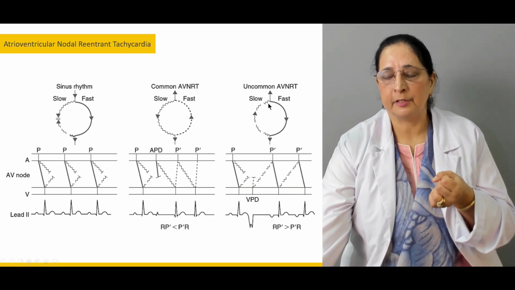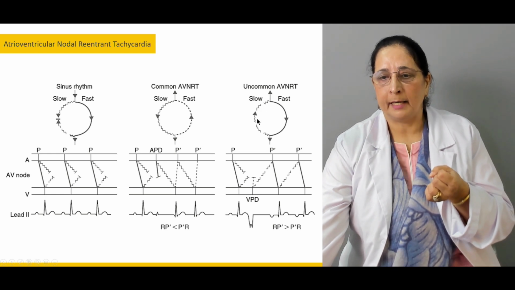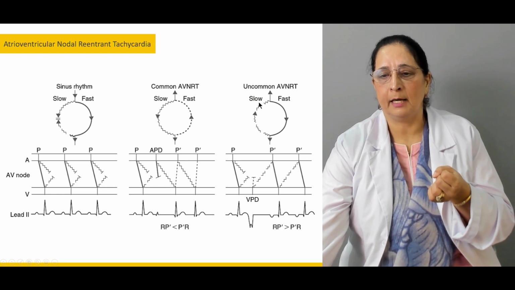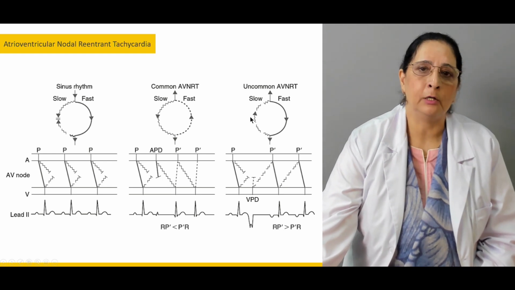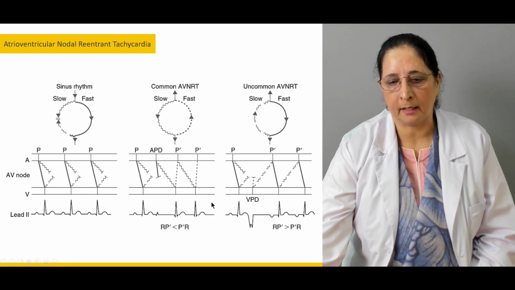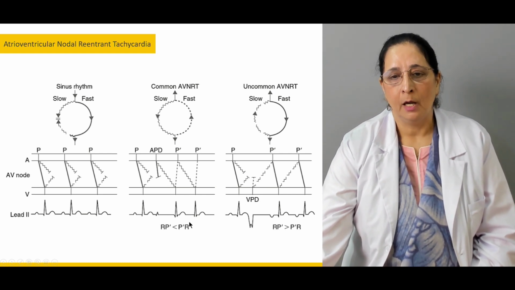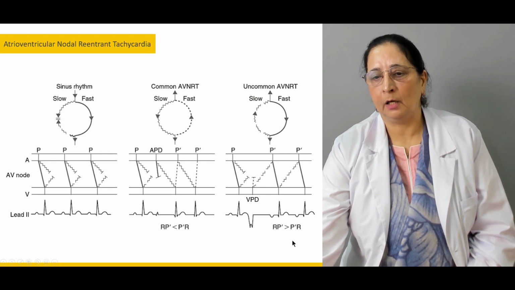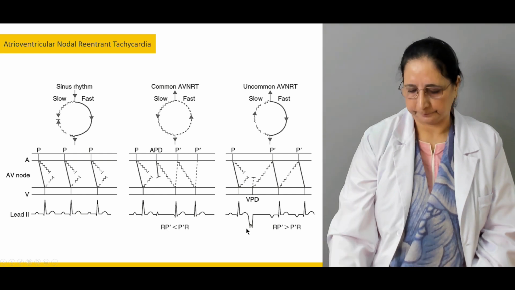Again, we have first the fast, then the slow, but the slow goes all the way up, with a very, very small portion of the slow, and that's the uncommon type of AVNRT. These are the appearances on the EKG. Here you can see the common type, and then we have the uncommon type of AVNRT.